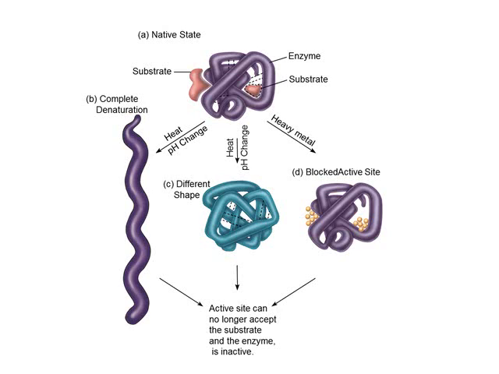Up at the top we have a protein in the native state, all folded up into its nice form. If you change the heat or change the pH, you could cause the protein to unravel, or denature, like on the left. In the middle, we cause the protein to change shape. Heavy metals, for example, will fill in the active sites of your protein, so your protein can no longer work. So you can specifically target proteins, shown in this slide.